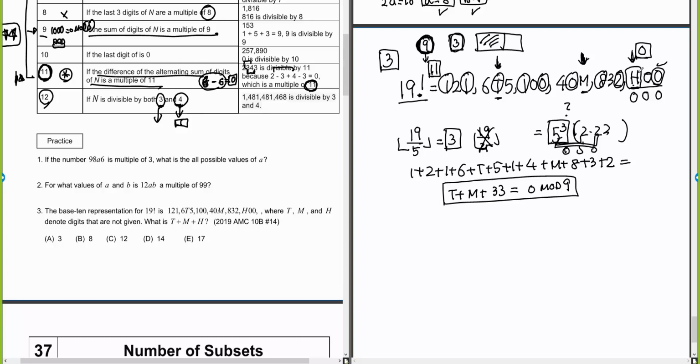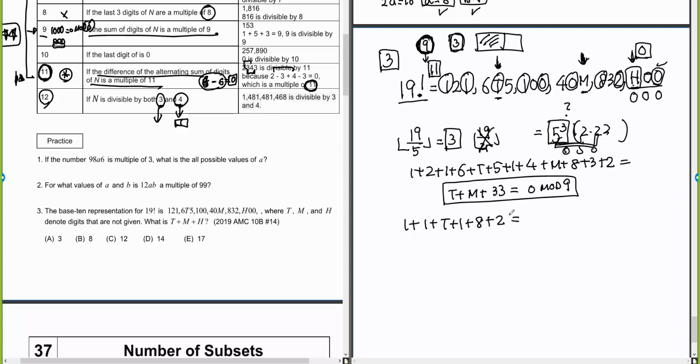Can you add this one? 1 plus 1 plus t plus 1 plus 0 nothing, another 8, another 2. How much is this one? 13 plus t. 13 plus, is it correct? T. Okay, yeah.